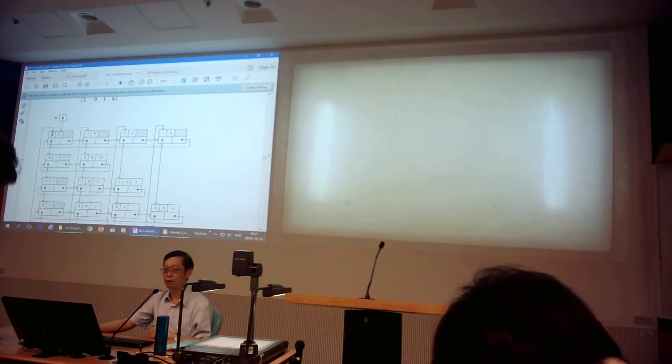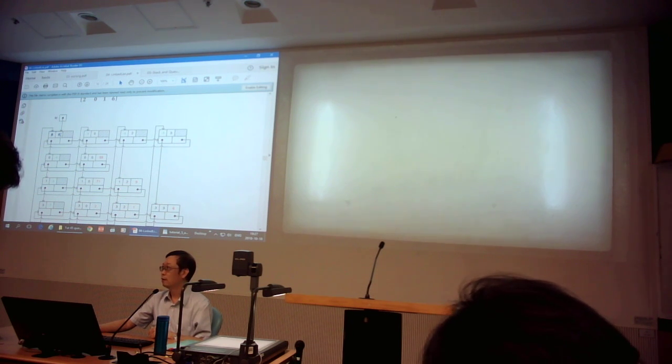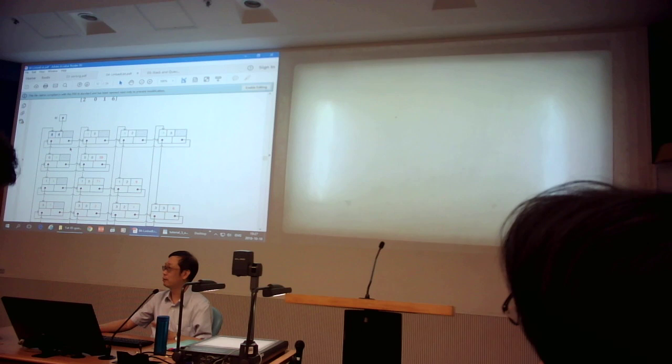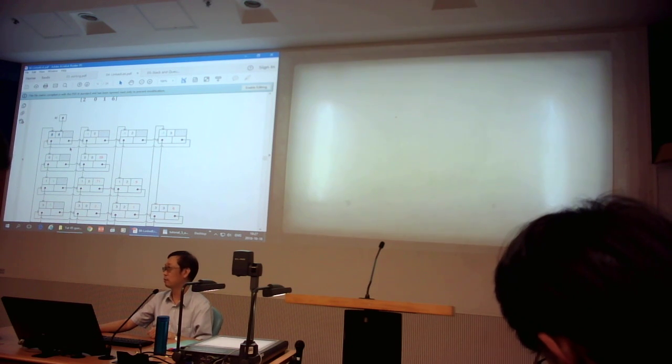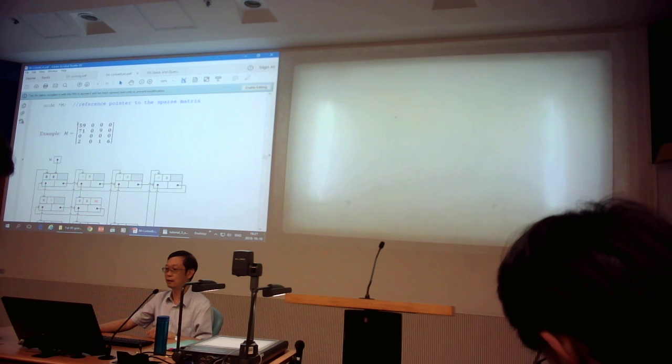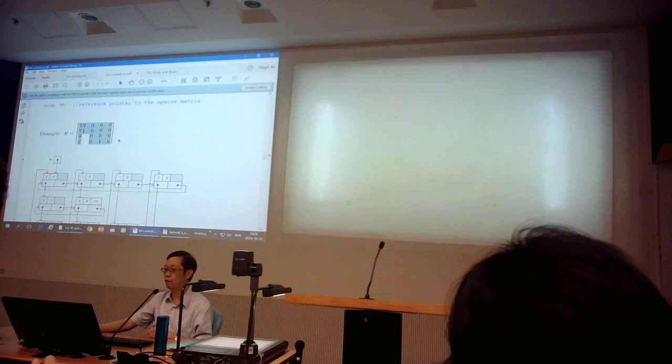And in the row and column data fields, we will store the actual dimension of the sparse matrix. In this example, the dimension of the sparse matrix is 4 by 4.